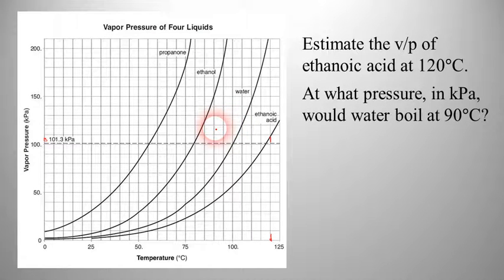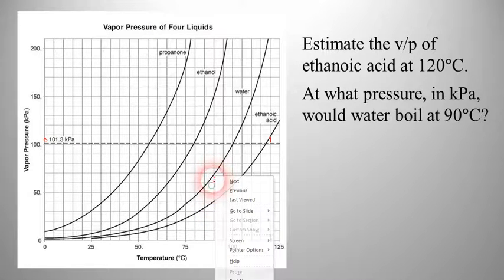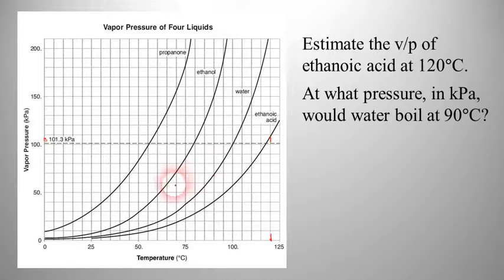At what pressure in kilopascals would water boil at 90 degrees Celsius? So once again, we're going to use the curve for water, except we're going to drop down to 90 degrees this time. So that seems to be right around here. And so that's this point right here. So if we look at that and see where that's going to be, it seems like we are right around that spot there.